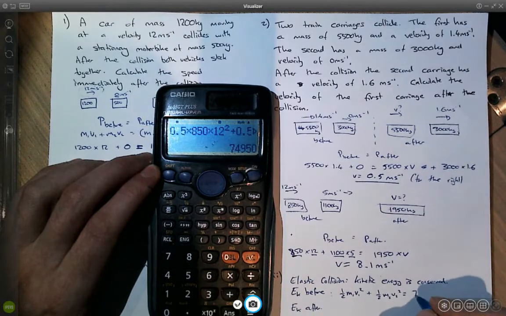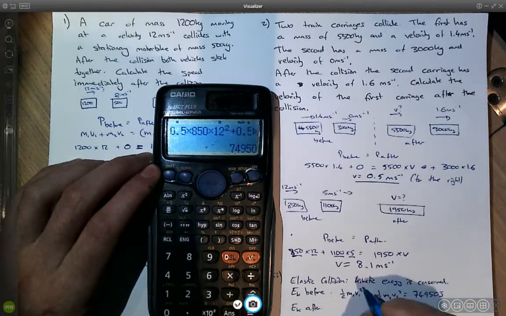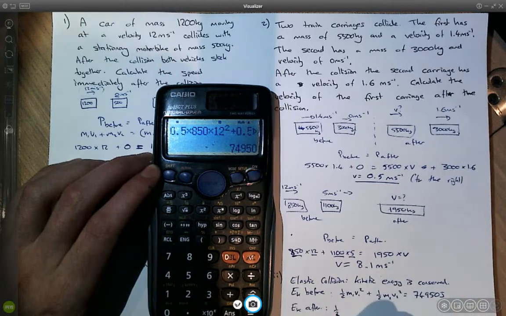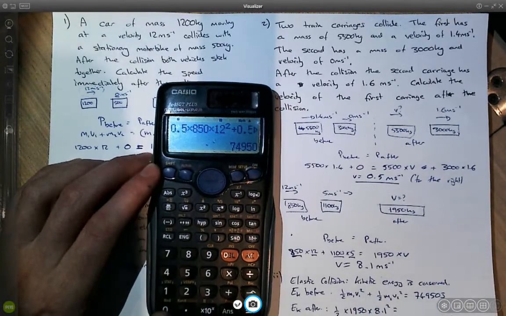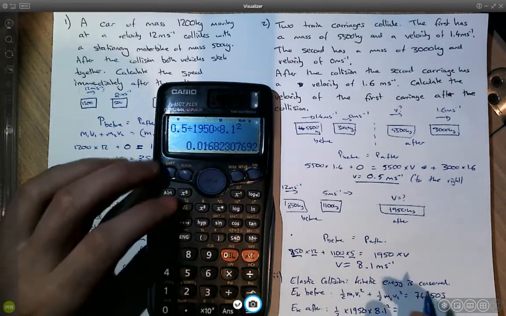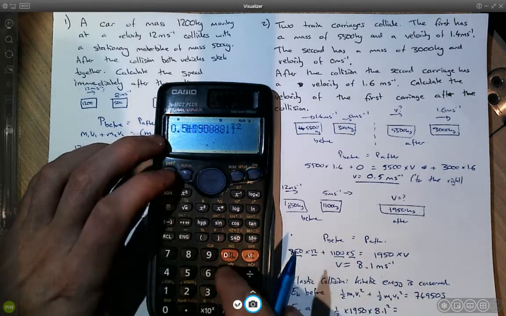Which is 74,950 joules. The kinetic energy after is going to be half times the new mass times the new velocity squared. Oops, I typed that in my calculator wrong. There's a divide where there should be a times.